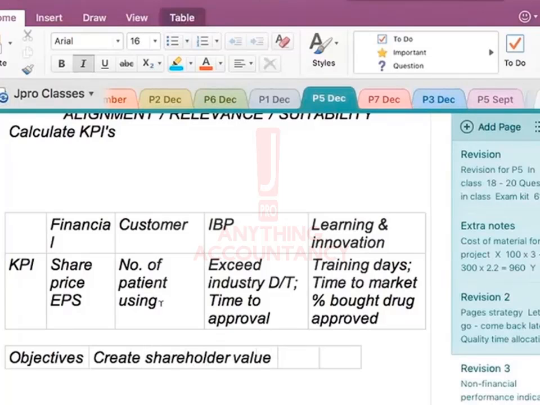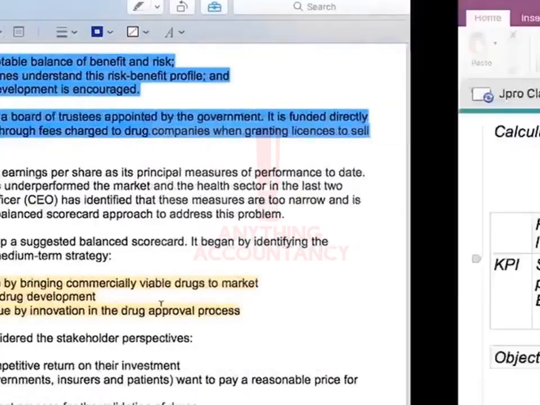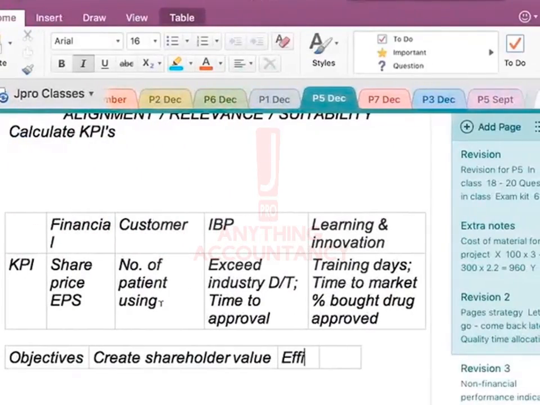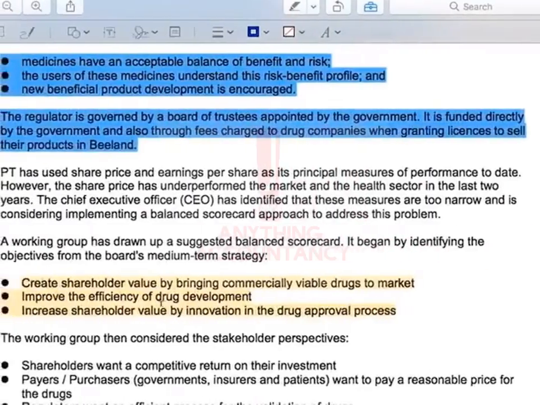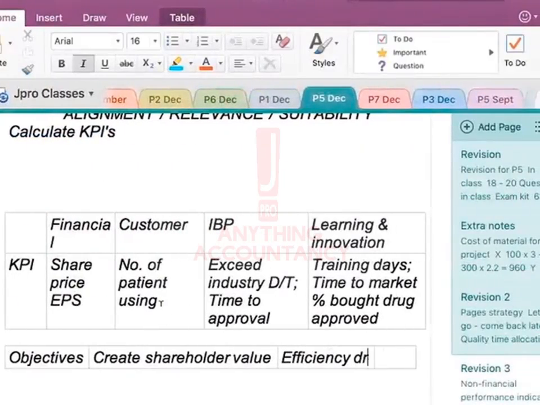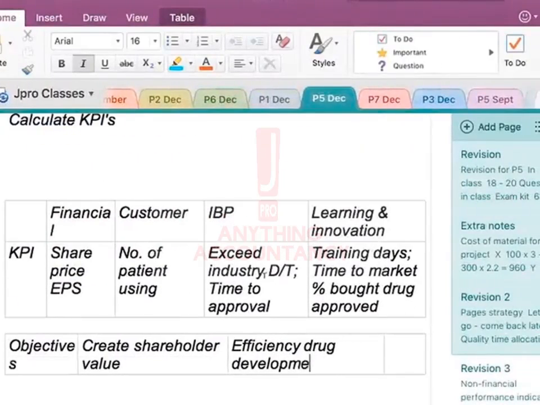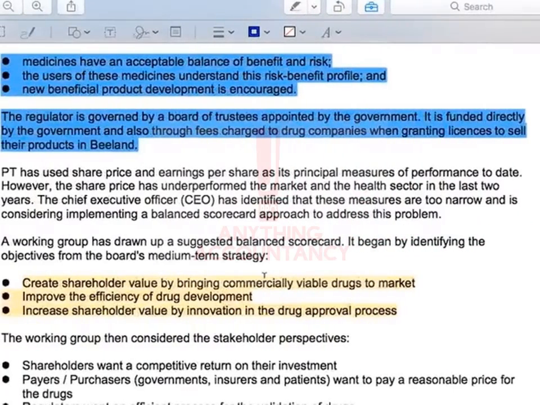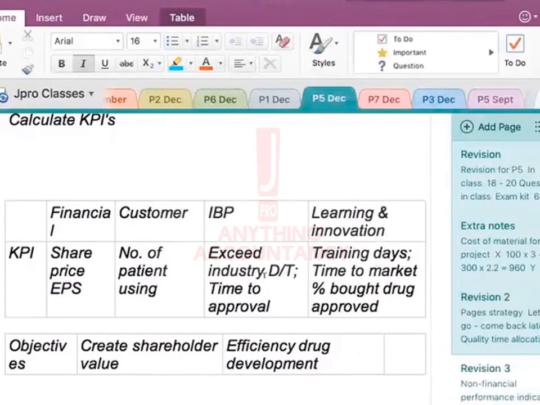Next one is what? Efficiency of, next one, increase shareholder value by innovation in drug approval process.